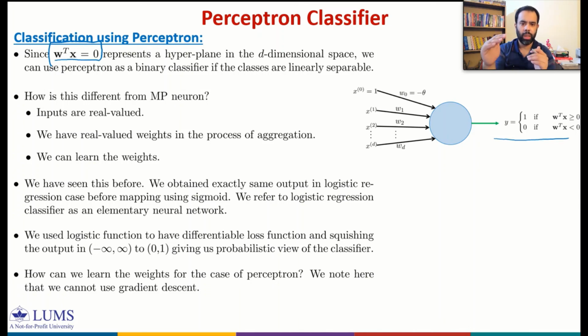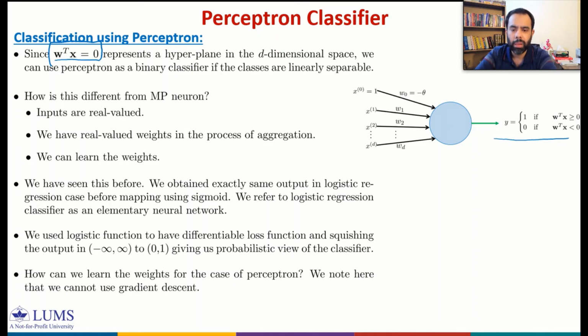Weighted sum less than 0, the output is 0. So this is not a differentiable function. So we cannot use gradient descent. So in the next video, we will talk about a perceptron learning algorithm, which we can use to learn these weights given linearly separable data.